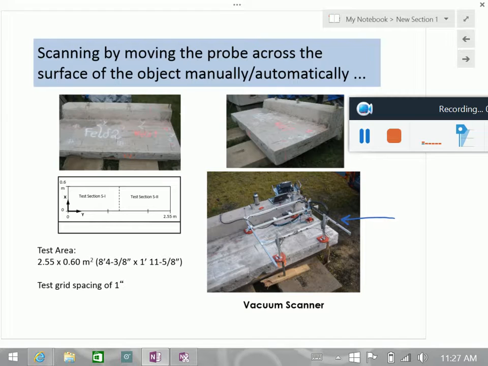Here we had a piece of a real bridge, which was demolished. We have two test sections, and this robot has a limited coverage area, so we had to divide it into two, and then stitch it together.